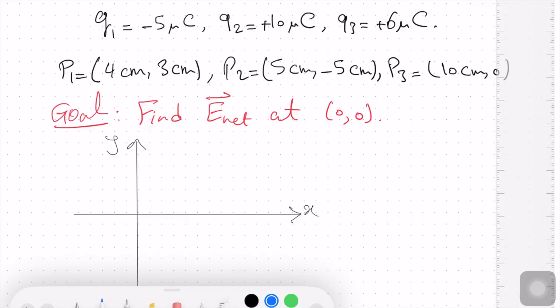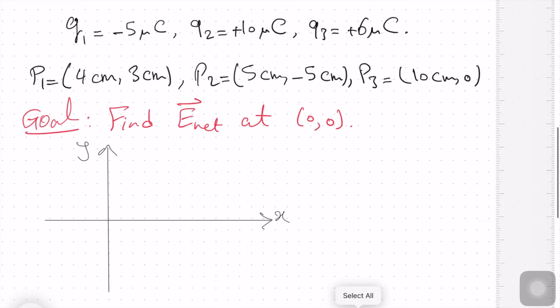Let's place the charges on this. I'm going to use blue to place the charges. Which one do I start by drawing? It's common sense that you start with something that is furthest from the origin so you don't run out of space at the end. So it's best to start by drawing Q3. Q3 is located at x equals 10 and 0.